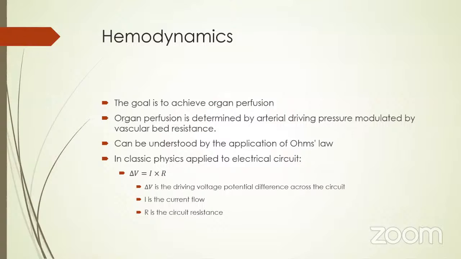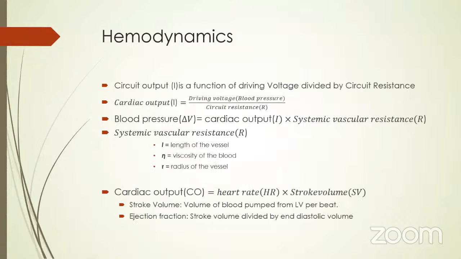This law states that the voltage potential difference across the circuit equals the current flow multiplied by the circuit resistance. This same law or equation can be applied in the cardiovascular system to measure cardiac output. So circuit output is a function of driving voltage divided by circuit resistance.